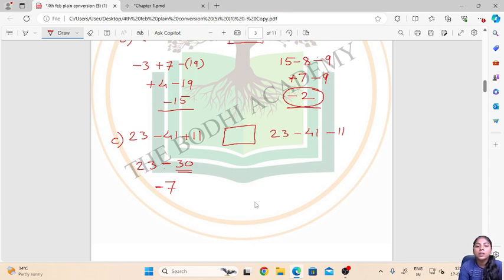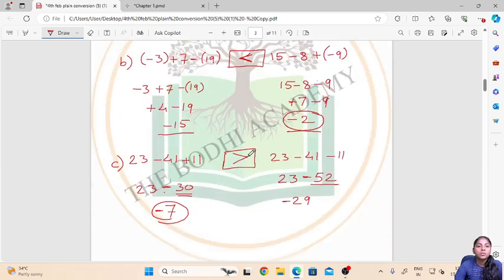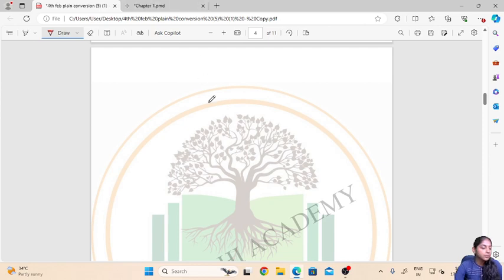Then over here it will be 23 - 41 - 11. It will add up and it will be -52. So 52 - 23 will be 29, and then we have to put the sign of the greater number, so it will be -29. Now which one will be greater? -7 will be greater than -29. So we have to put this sign. So this was a simple exercise.